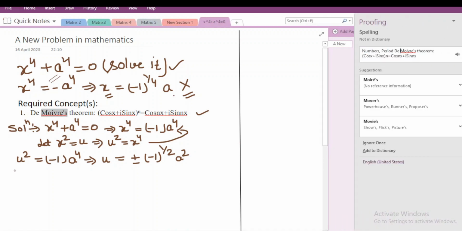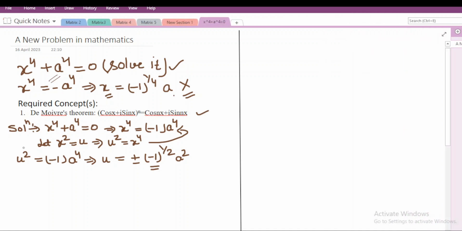Now we will see that this minus 1 can be written by using De Moivre's theorem. Let me put it aside.